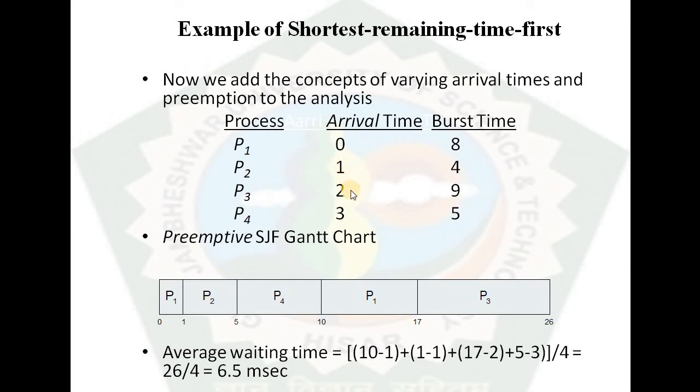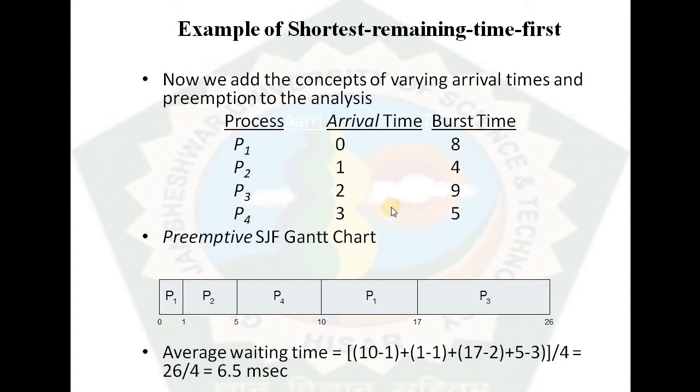As the timer goes to 2 milliseconds total time, another process comes into the ready queue, that is P3. Again the CPU scheduling algorithm runs. Between these three processes, again P2 has the smallest CPU burst time, so it will continue its work with the CPU. After a total of 3 milliseconds, another process comes into the system, that is P4.